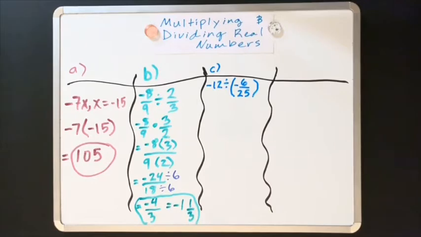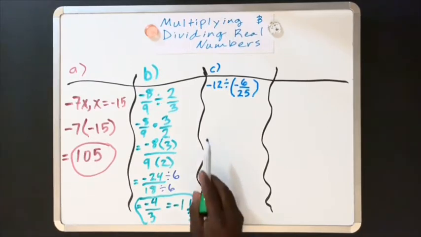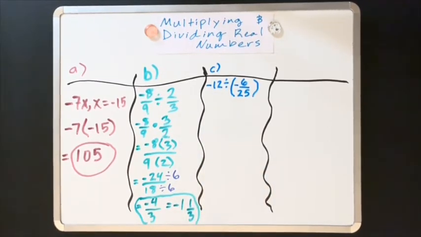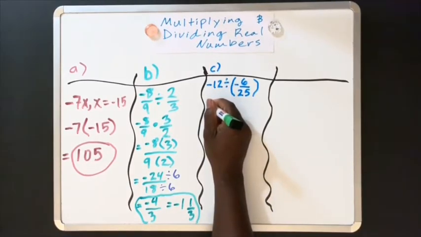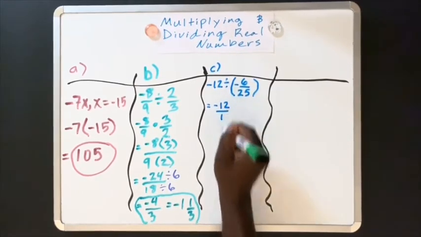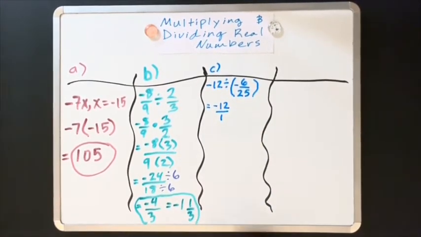So the first thing that I want to do is rewrite this first number, negative 12, as a fraction. So I'm going to put an equal sign here. That would be negative 12 over 1. This means the same thing as negative 12.